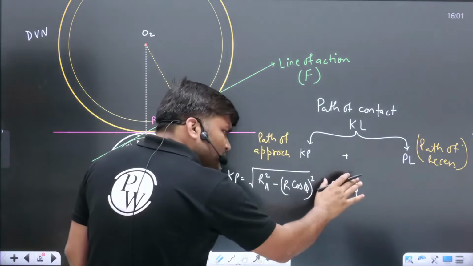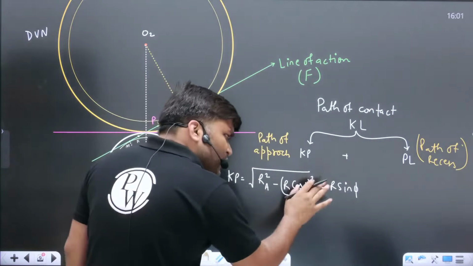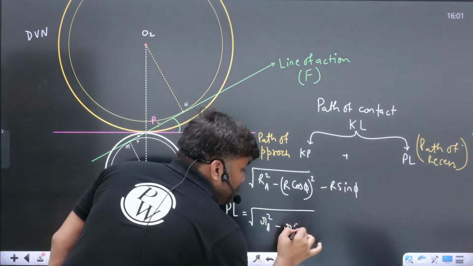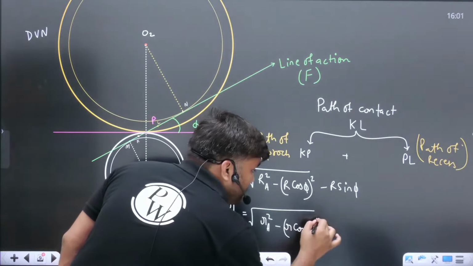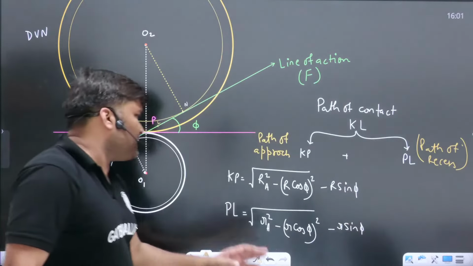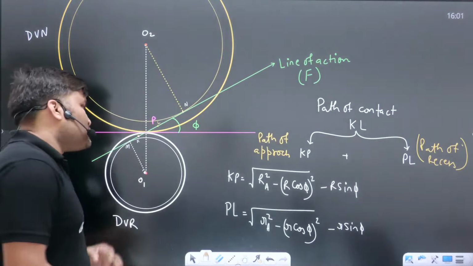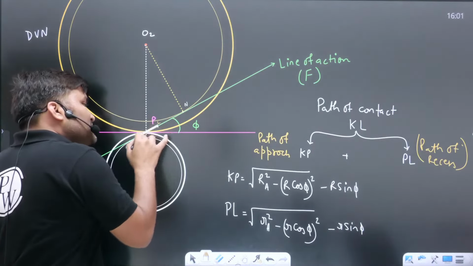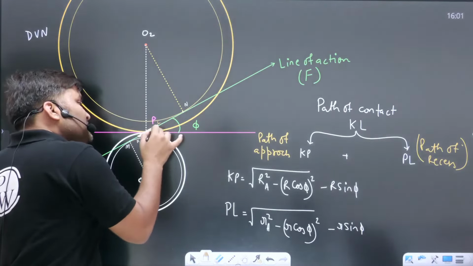You must remember only one formula. Another formula you can easily write. That formula looks like under root small ra square minus small r cos phi square, minus small r sin phi. Simple si baat hai. How this path of contact is going to look from this point K to L: this linear distance is known as the path of contact.